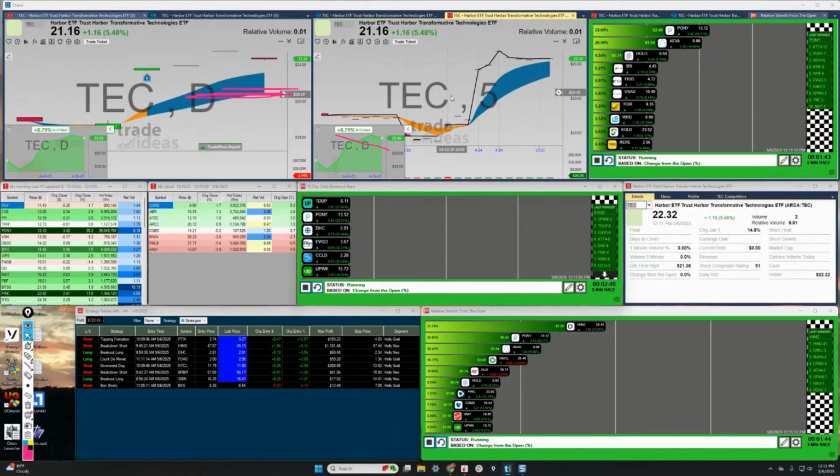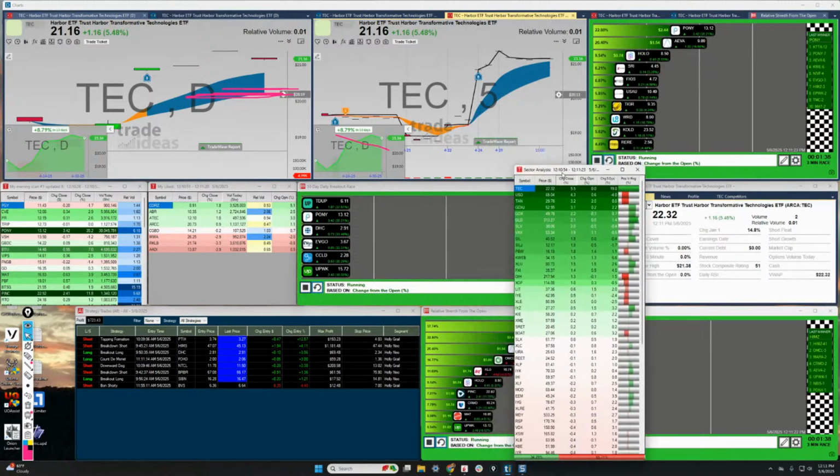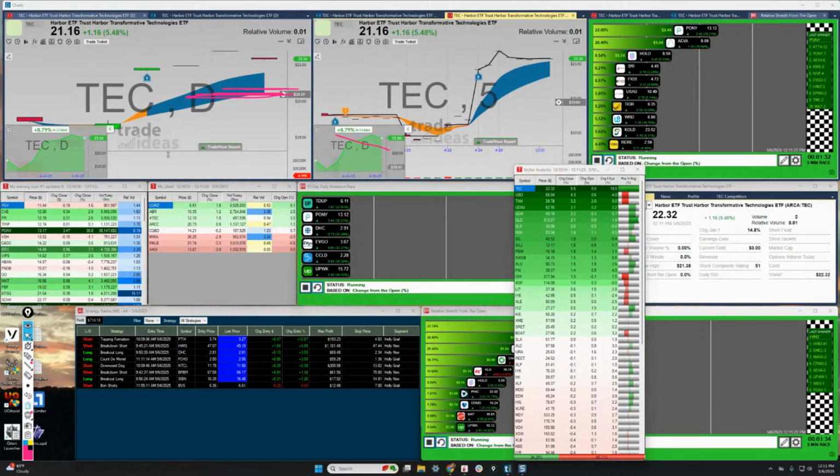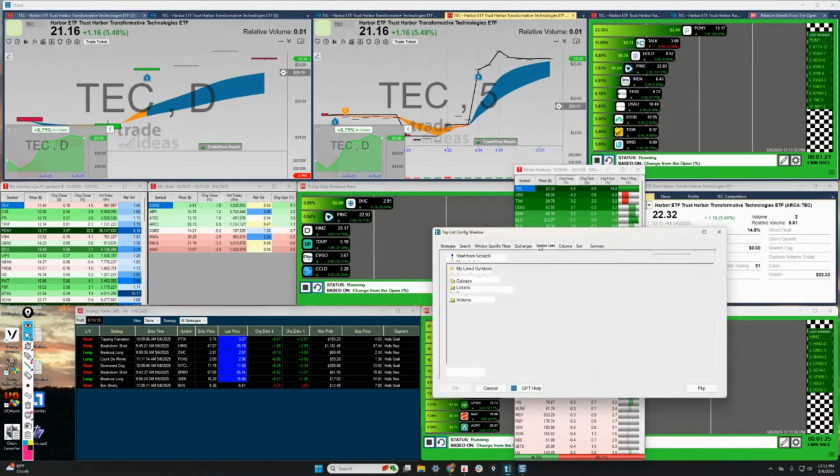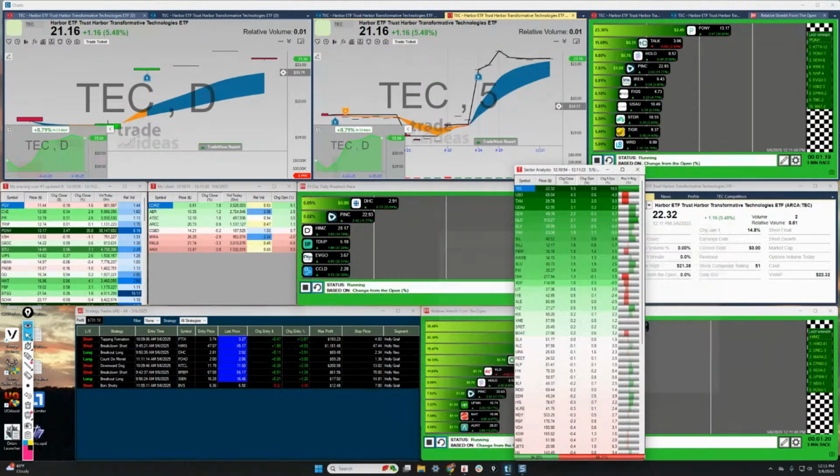This get in my list? It's strange. I got this TEC ETF in my list. I don't ever remember putting it on there. I don't ever remember looking at this in my entire life. Sector analysis personal.